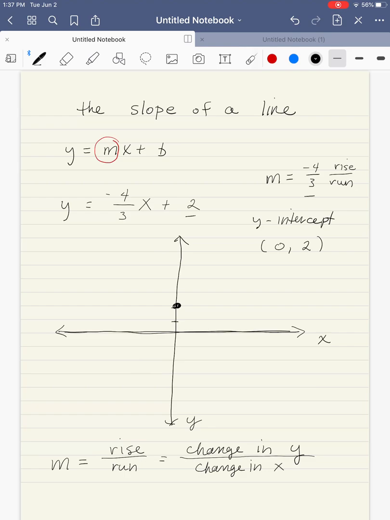So a slope of negative 4/3 means that we're going to go down from here. We're going to count down 4 units because of the negative. That's down 4 units. And then over 3 units.